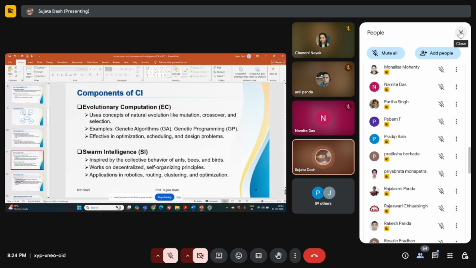The system evolves solutions over generations by applying certain operators, which are mutation, crossover, and selection techniques. The popular technique of evolutionary computation is the genetic algorithm. I will explain the genetic algorithm elaborately after a few slides.